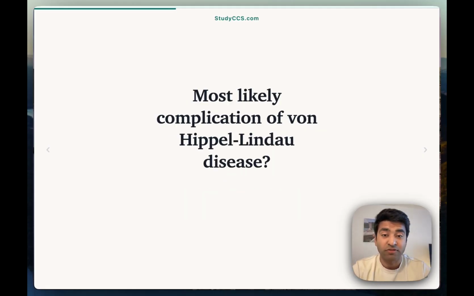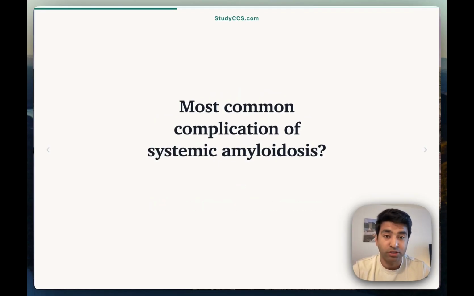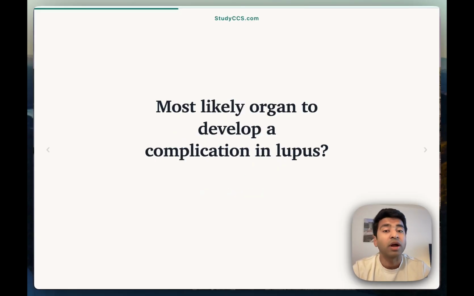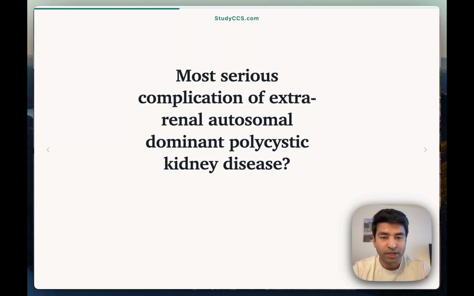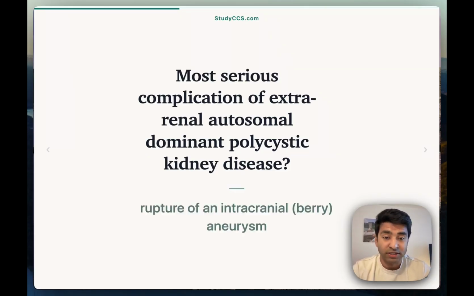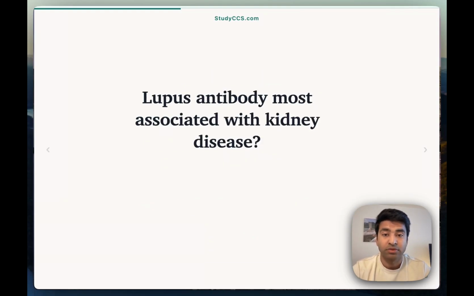Most likely complication of von Hippel-Lindau disease is bilateral renal cell carcinoma. Most common complication of systemic amyloidosis is renal failure. Most likely organ to develop a complication in lupus is the kidney. Most serious extrarenal complication of autosomal dominant polycystic kidney disease is rupture of an intracranial berry aneurysm.